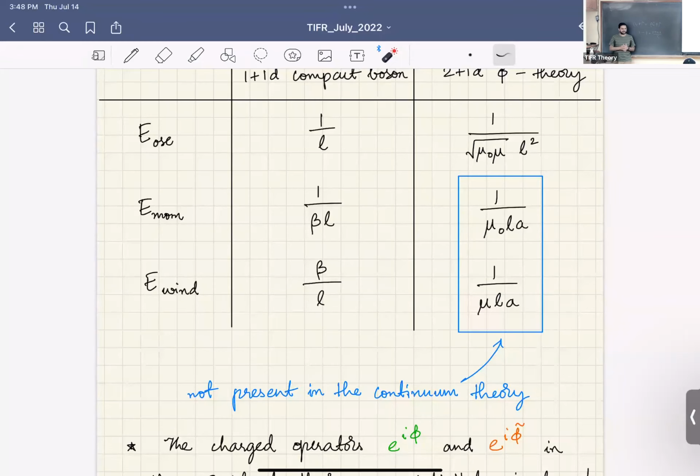The easiest thing to do would be to put an infrared regulator, like how in a correlation function, whenever we have a UV divergence, we put an IR regulator in it. Once you put that, there are not too many low energy states. Presumably you can do something, and then try to take the continuum limit. But I don't know exactly how to do this.